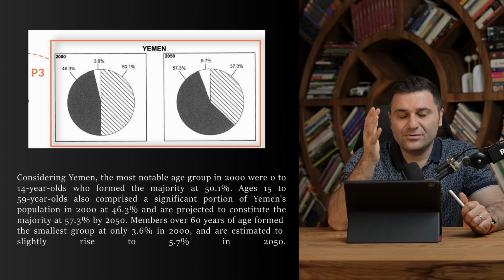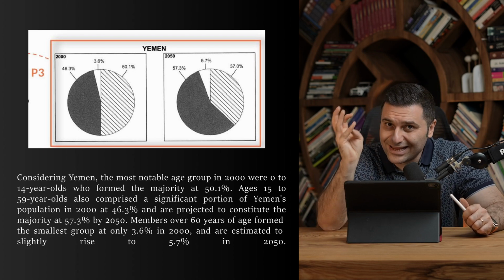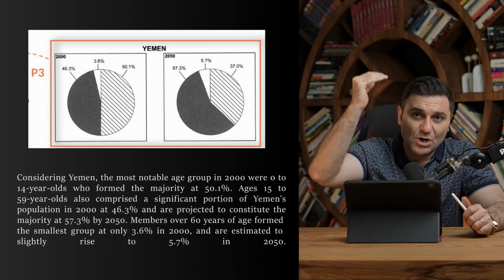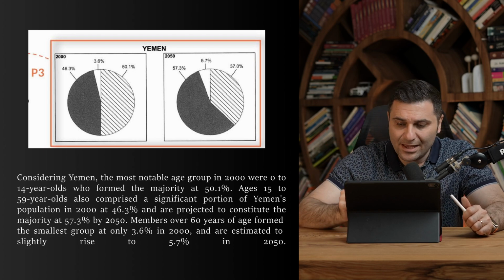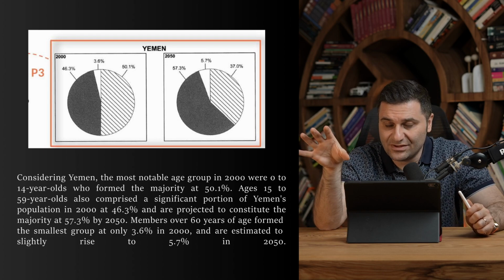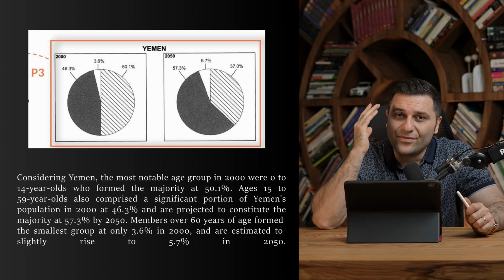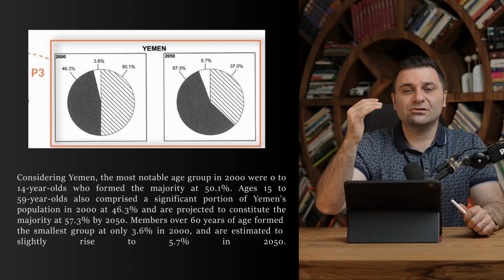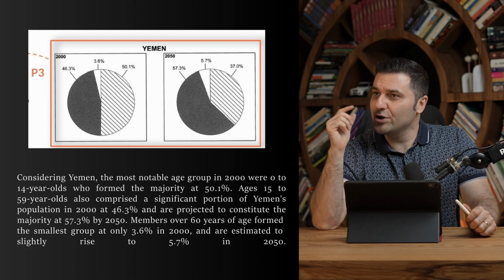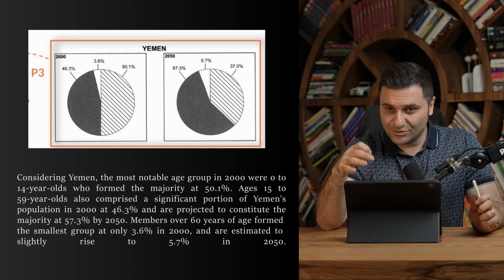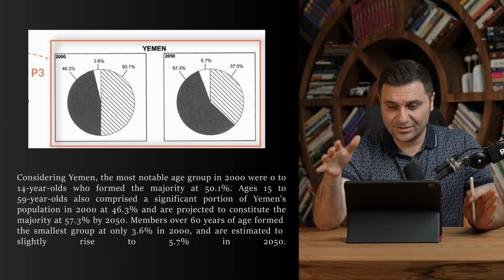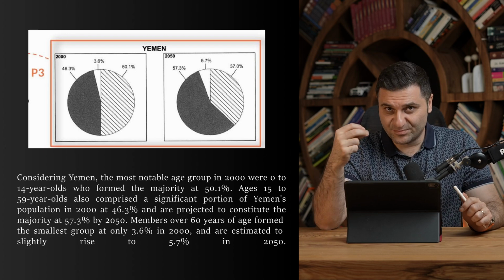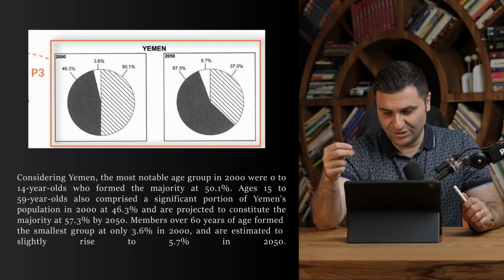So what you do is you talk about the highest or the most and the least. And you should see that in the future, in 2050, if the most still remained the most or no, it decreased, you should mention this.